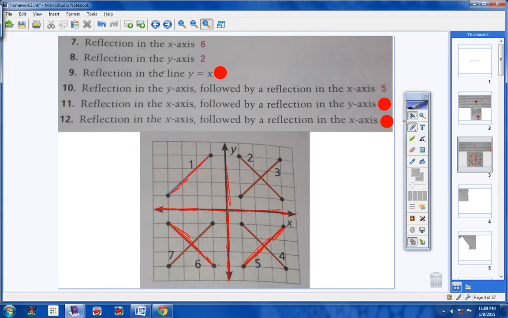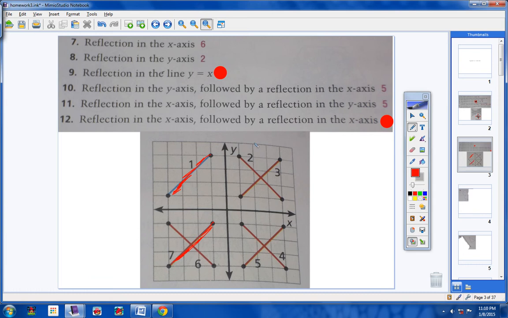So line number 5. And then number 12, let's see, reflection in the x-axis, okay? So let's see what we got here. We've got our line right here. We're going to reflect it in the x-axis, so it comes right here.